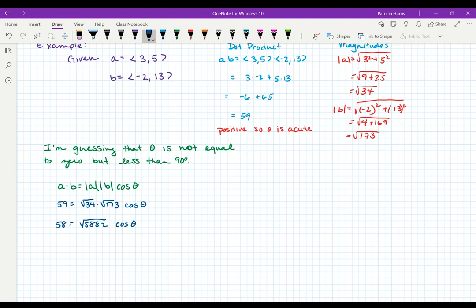Okay, so now I'm going to use division. Okay, so I have this. Now we're going to use our calculators using the cosine inverse.